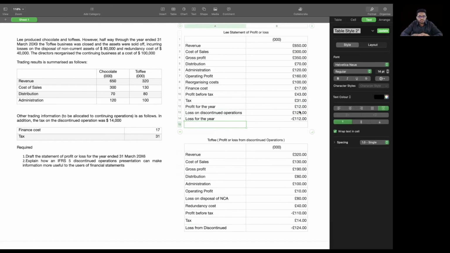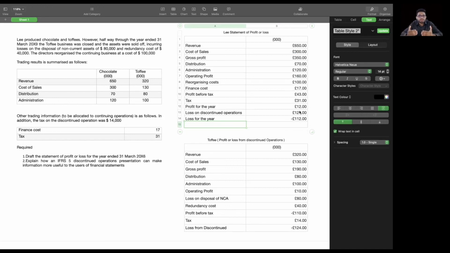The second one is to explain why it is important to show the results of the discontinued operation and the continuing operation separately. It is because for decision making, if we know what our results from our continuing operation are, that is going to be the relevant information for our future, because the information from Toffee, they are discontinued operations.